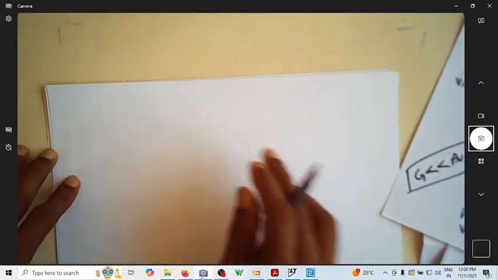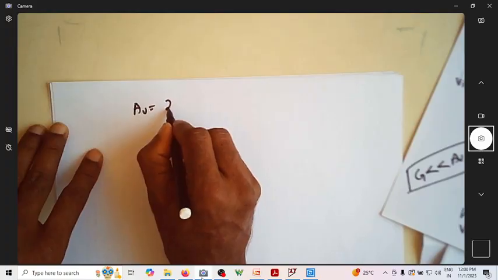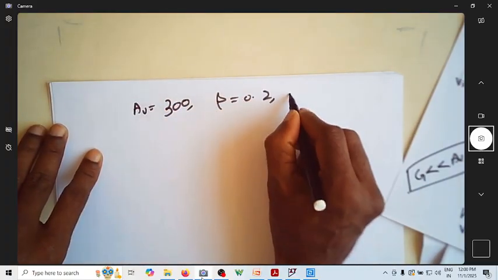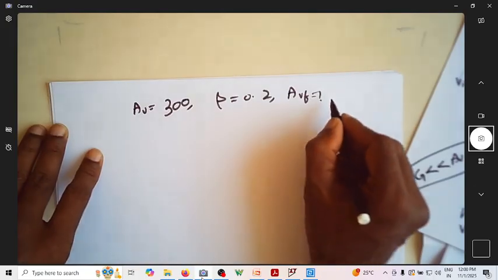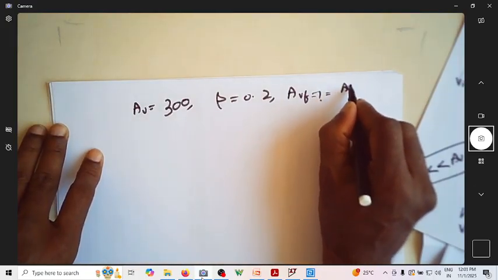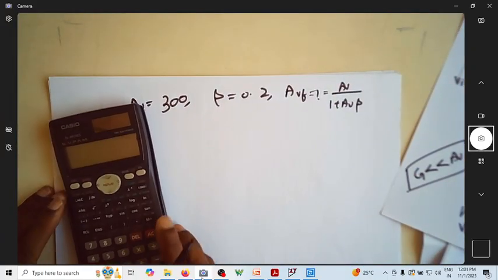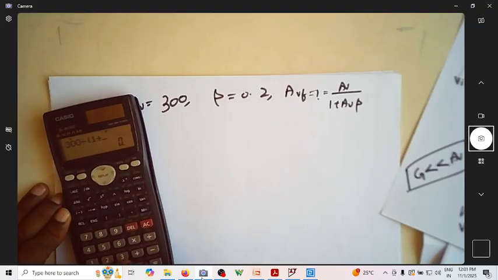We can take some examples. If AV is equal to 300 and beta is equal to 0.2, can we find AVF? AVF is AV by 1 plus AV beta, so it is 300 divided by 1 plus 300 into 0.2.